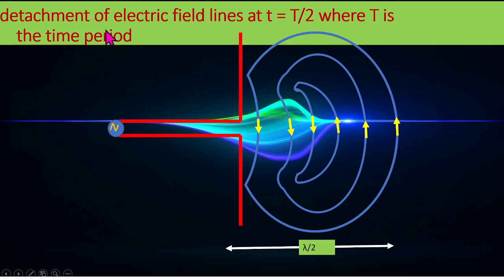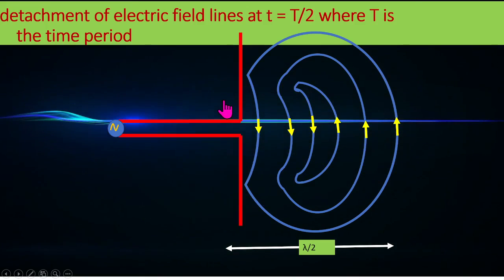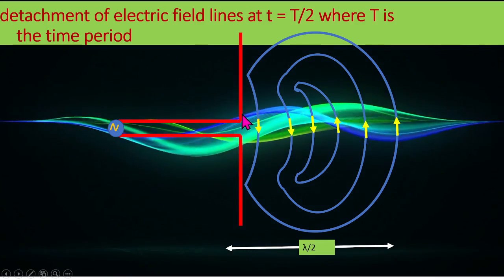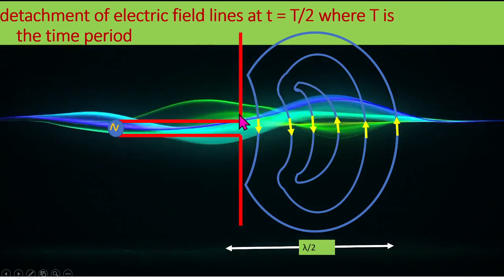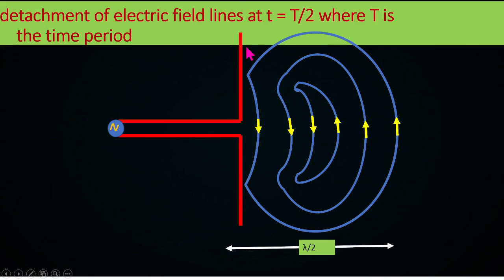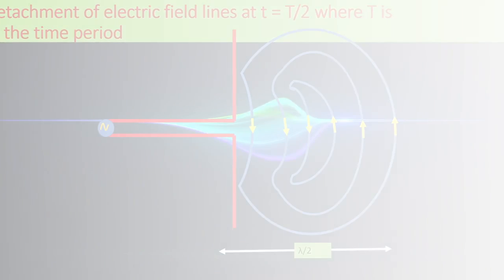So now we'll see what happens at t equal to T by 2, where T is the time period. This is your dipole element, and here no charges are accumulated because they are neutralized. Because of that, these lines which were already formed, the red lines and the blue lines, they combine here to form the loops, and they get detached from the dipole element.